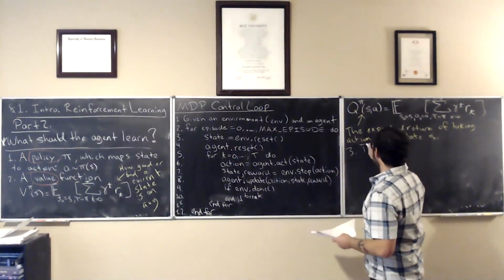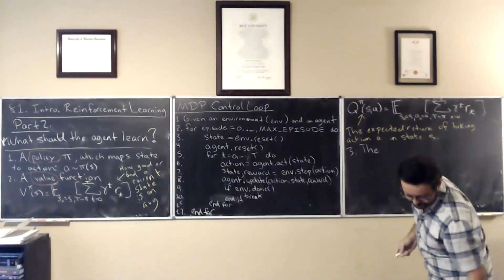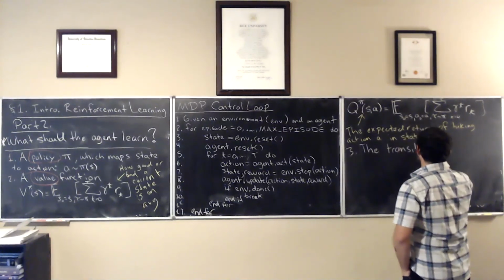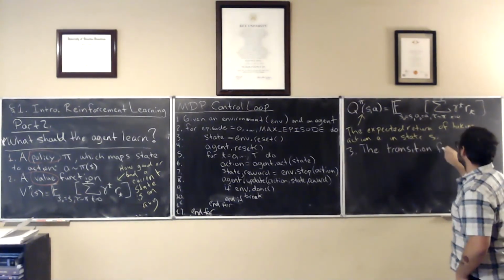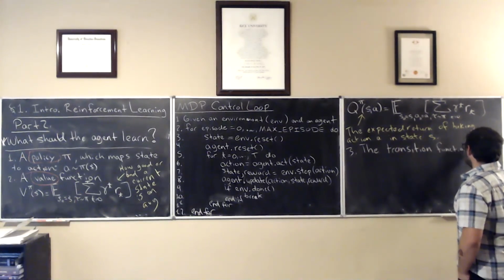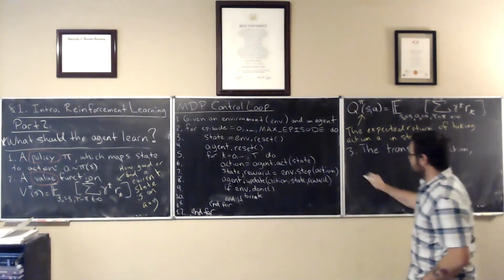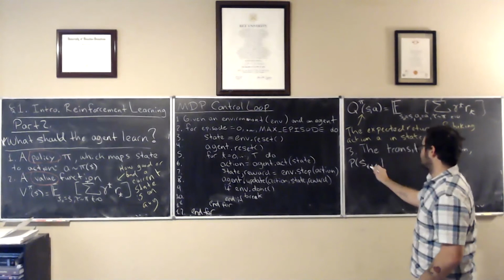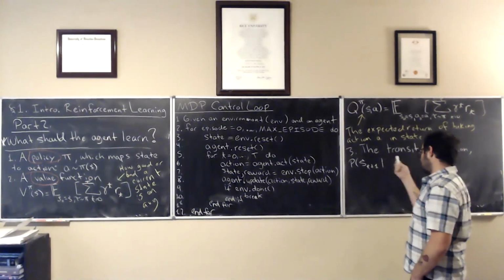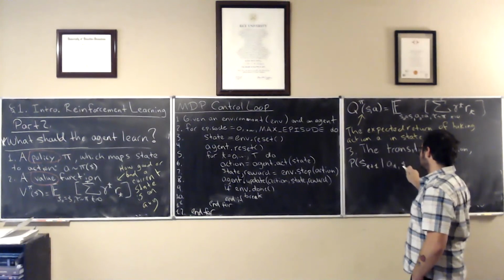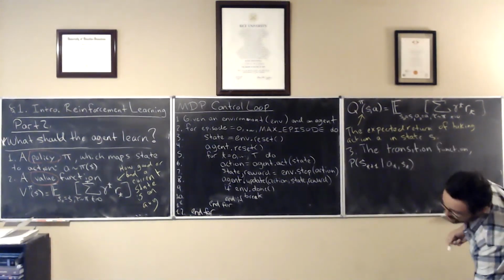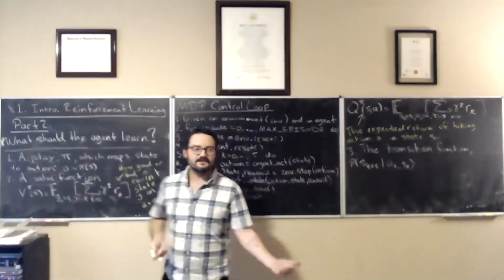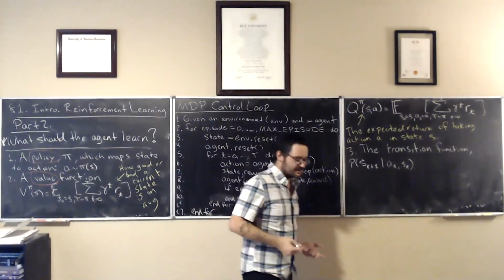The third thing that we could learn is the transition function. Now this, I honestly don't know much about, but it seems very intriguing to me that if we learn the transition function, which again is the probability of state t plus 1 given state t and action a t, if we learn how the environment changes, this is telling us what the next state is in the environment.